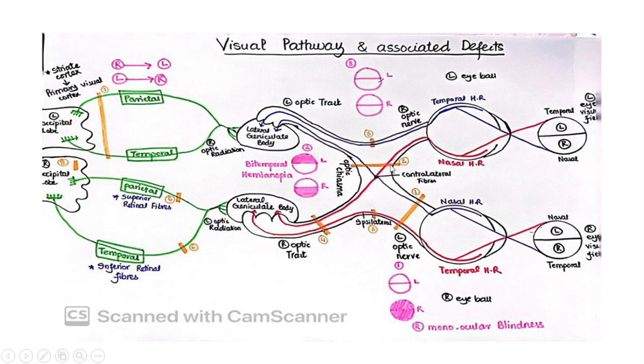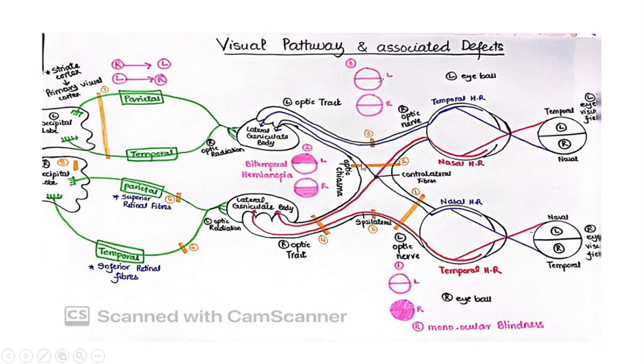Here is the lesion, and here two fibers are being damaged. One fiber is this, and the second one is this. If we trace the first fiber, it's coming from the left component of the left eye visual field. So we shade it. I have shaded it here.